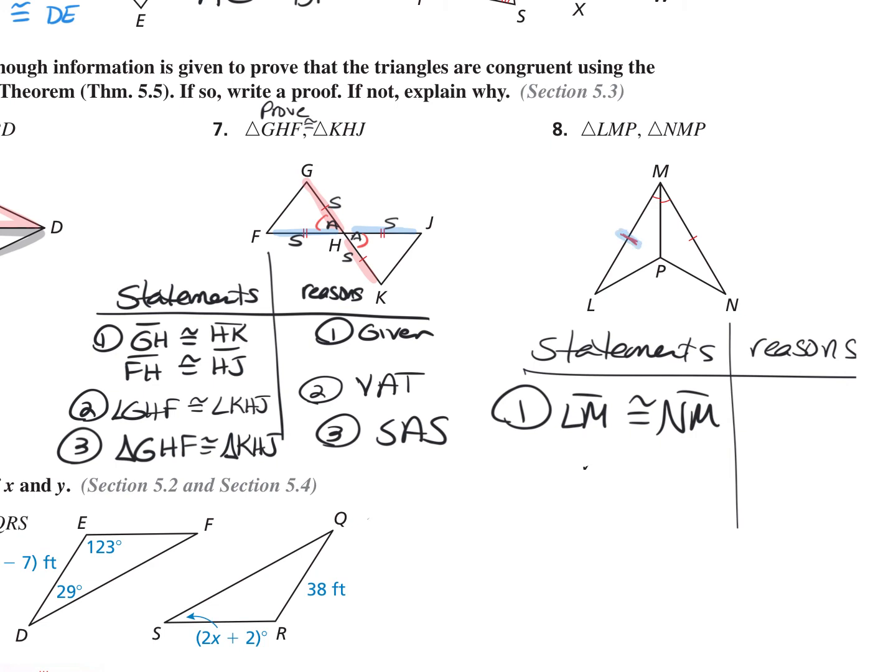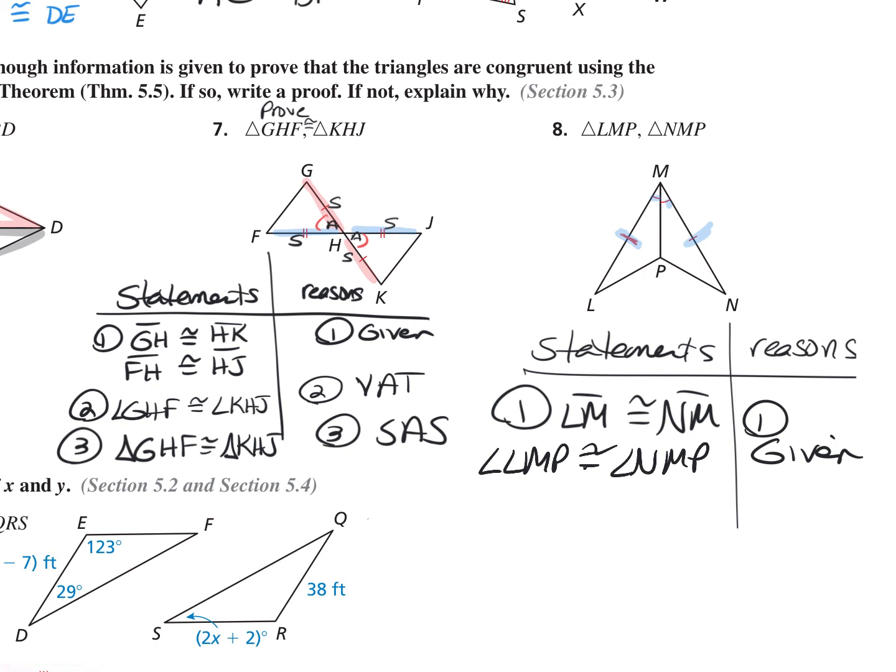So this side is congruent to this side. And then I also have this angle here, up here at the tippy top, that is congruent to the other side as well. So that'll be still in my given. So LMP is congruent to NMP, and all that was given to me.